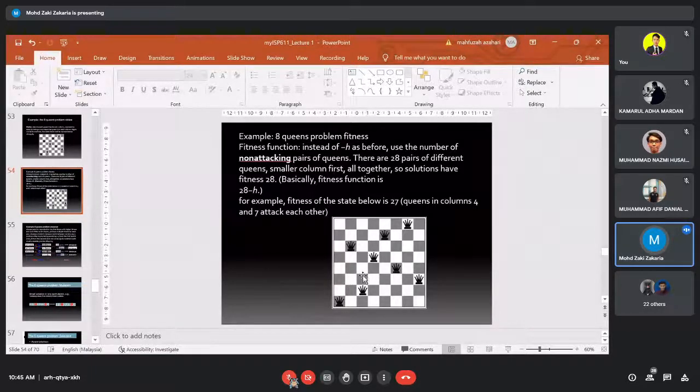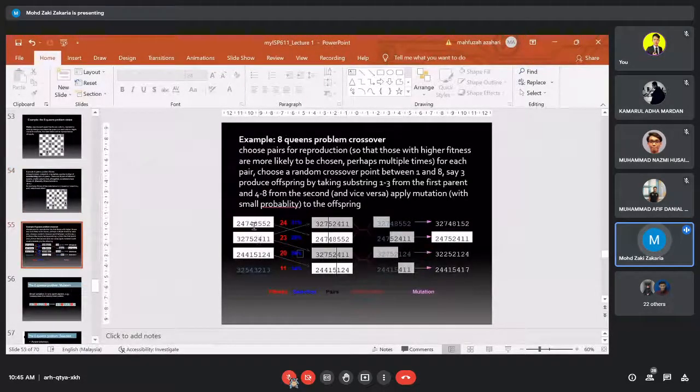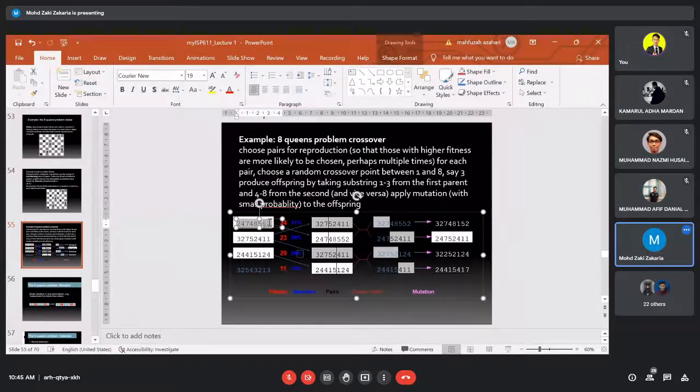Okay, another example. Okay, we assume we have 4 what we call, kat sini kan we have 4 chromosome. 2, 4, 7, 4, 8, 5, 5, 2 ni. So by randomly we pick up.